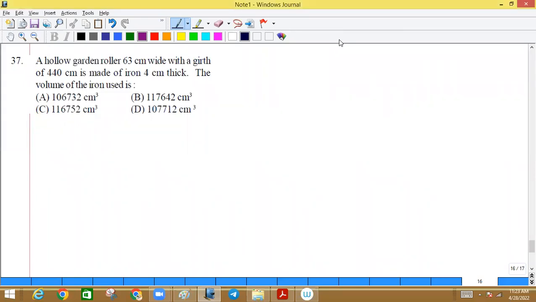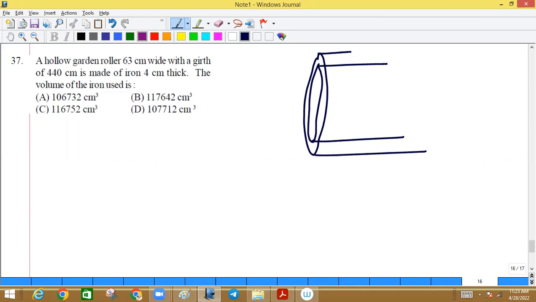A hollow garden roller, 63 centimeters wide, with a girth of 440 centimeters, is made of iron 4 centimeters thick. You can just imagine a roller. The girth means the outer perimeter.